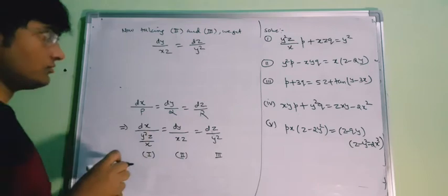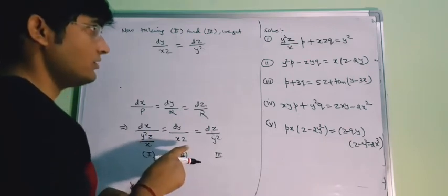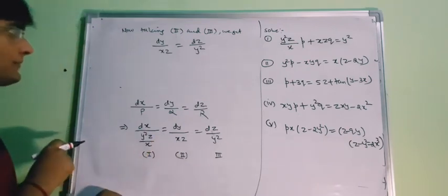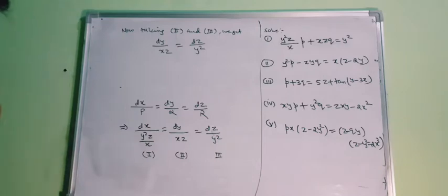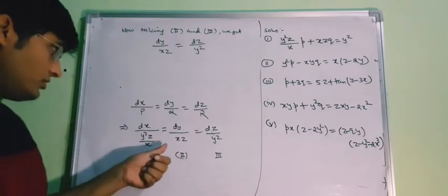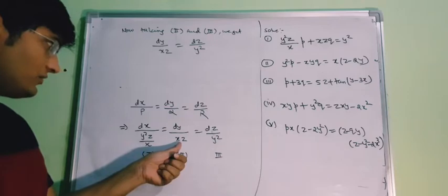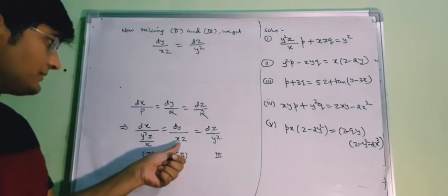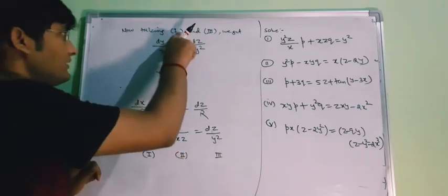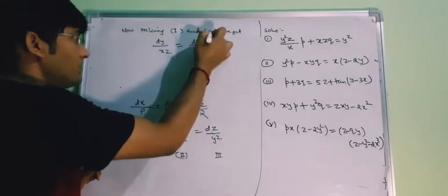Now here is a problem because we have the x and we cannot solve it with the help of the x. So let us take first and second, then let us see what happens.